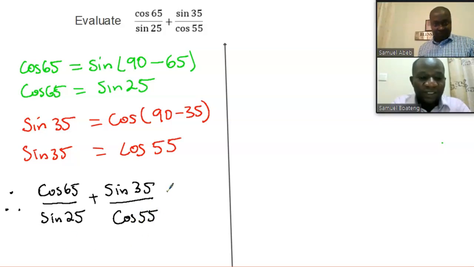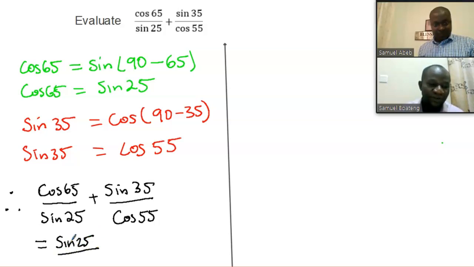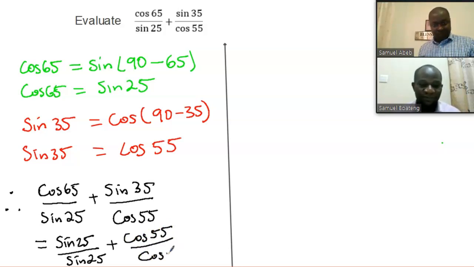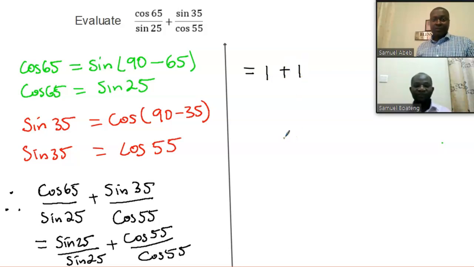This is equal to sine 25 over sine 25 plus cos 55 over cos 55. So sine 25 over sine 25 will give you 1, plus cos 55 over cos 55 is also 1. So 1 plus 1 is 2.